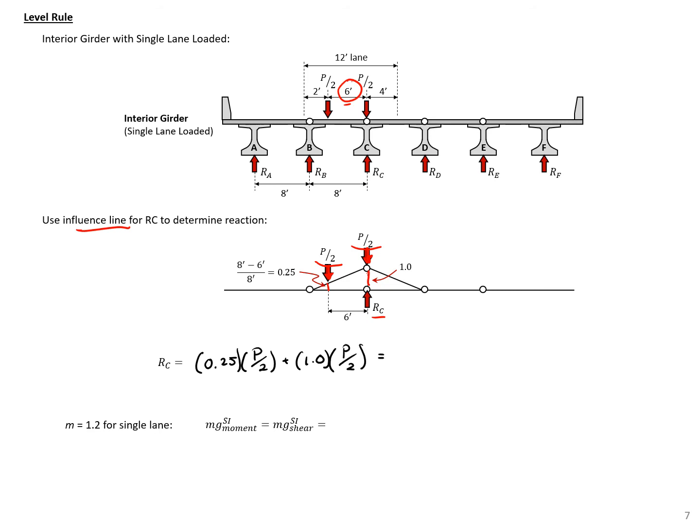And this will give us a value here of 0.625 P. So again, this is for a single load, so we'll take our value there times 1.2 to include the multiple presence factor. So 1.2 times 0.625 will give us a factor here of 0.75, so distribution factor of 0.75. So again, this is an interior girder with a single lane loaded.